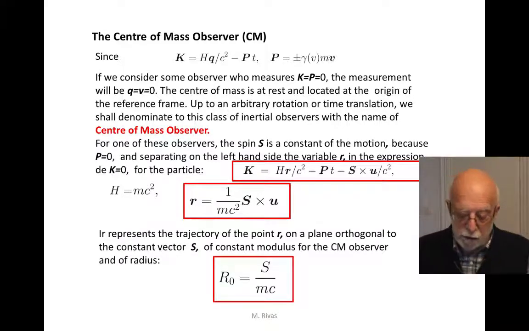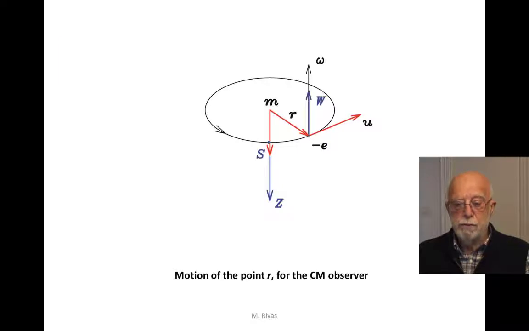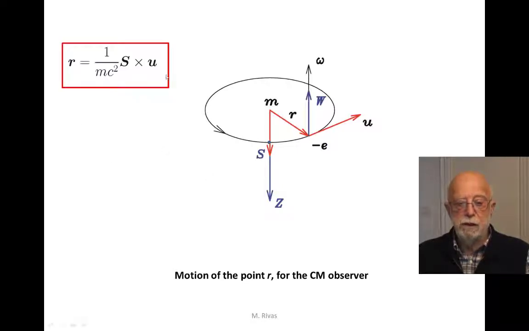Let us see how this motion looks for the center of mass observer. For the center of mass observer, this is the dynamical equation, and we fix the spin in this direction. The point R is moving along this line.